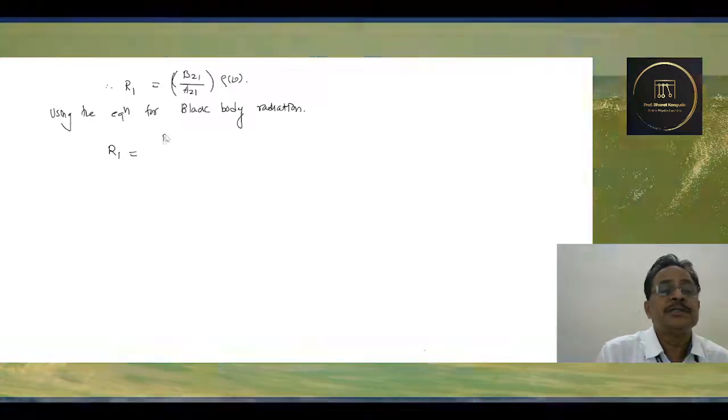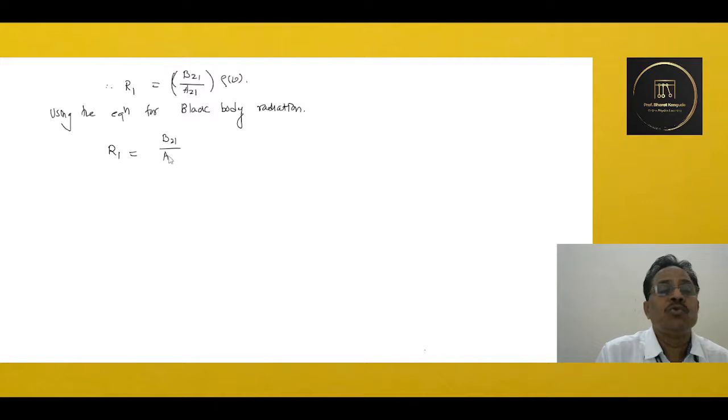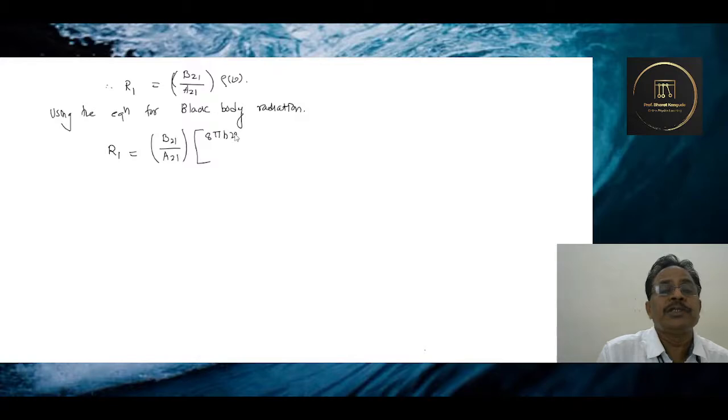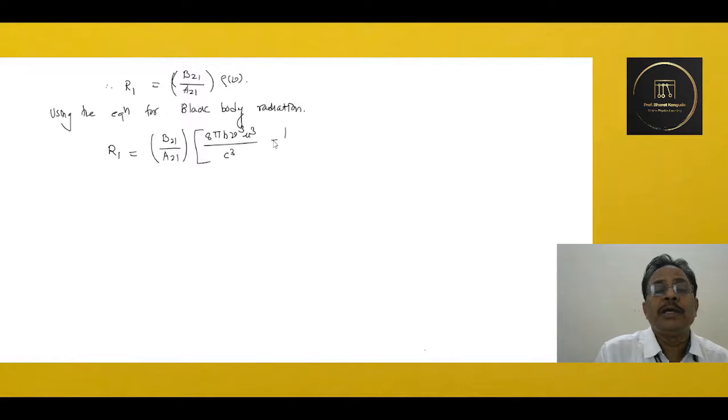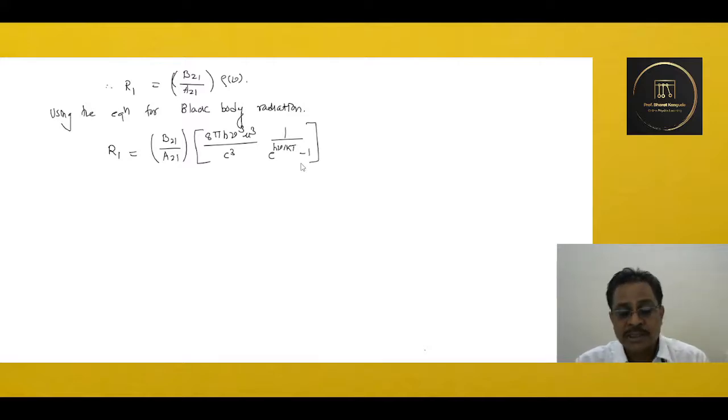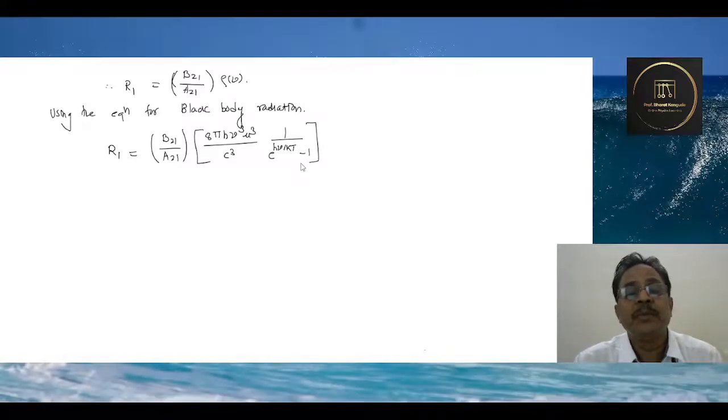So using the equation for black body radiation, I can write this equation R1 is equal to B21 upon A21 as it is; this remains the same and is not changed. And this expression for rho nu can be written as the black body radiation: 8 pi h nu cube upon c cube, multiplied by 1 upon e raised to h nu upon kT minus 1, where k is Boltzmann's constant, h is Planck's constant, T is the absolute temperature, and nu is the frequency of that particular radiation.